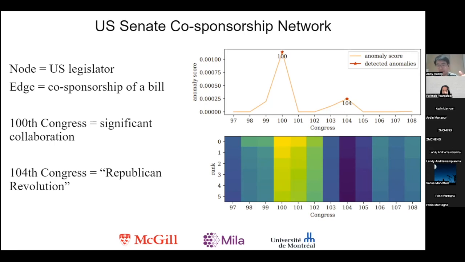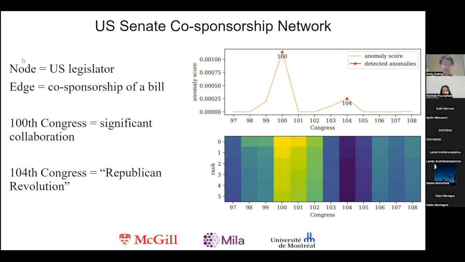And the bottom that I plot here is the spectrogram of the eigenvalues. So we can see that at both 100 and 104, the eigenvalues also undergo significant changes, and they are reflected in the anomaly scores.